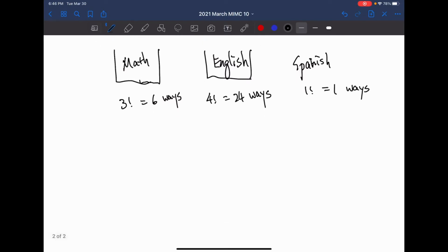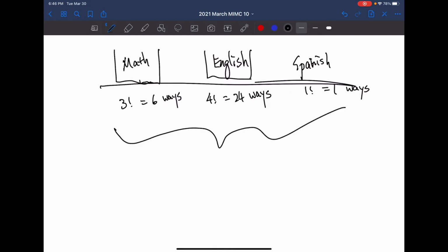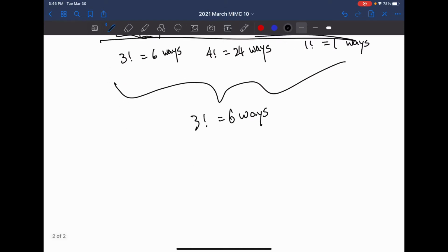But we need to arrange the math box, English box, and the Spanish box at the end. So think of this as 3 items. So in total, there will be another 3 factorial, 6 ways. Let's multiply these together: 6 times 24 times 6 times 1, if you want, but we don't need this.